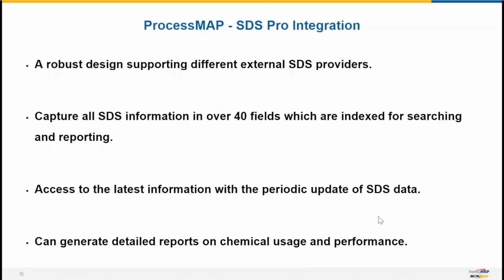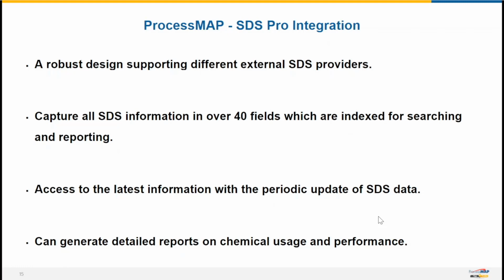So here in ProcessMap, we have come up with a robust design that supports different external SDS providers. We are flexible in how we can configure the different providers. And now we are elevating our approach by moving to the next level of platform with API approaches.